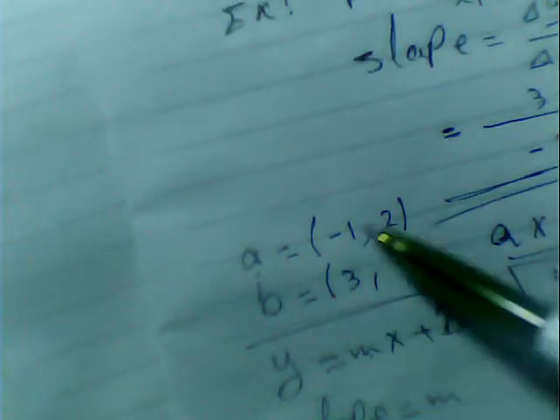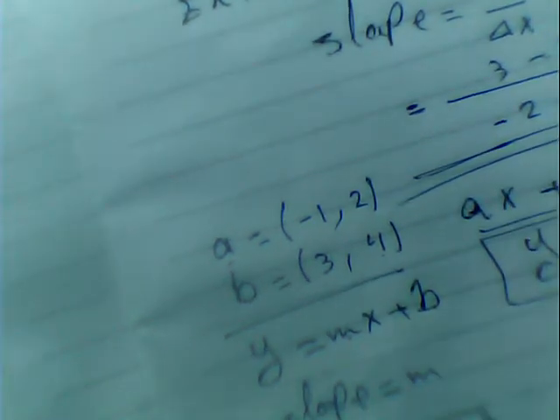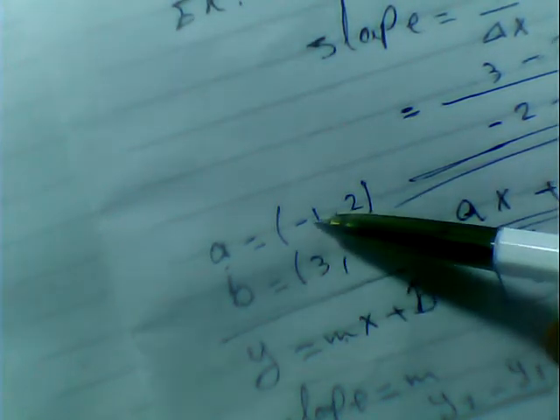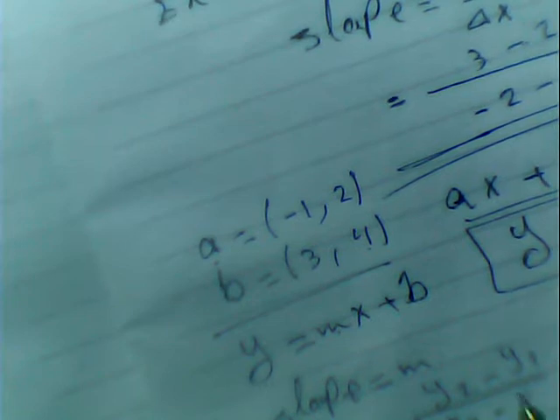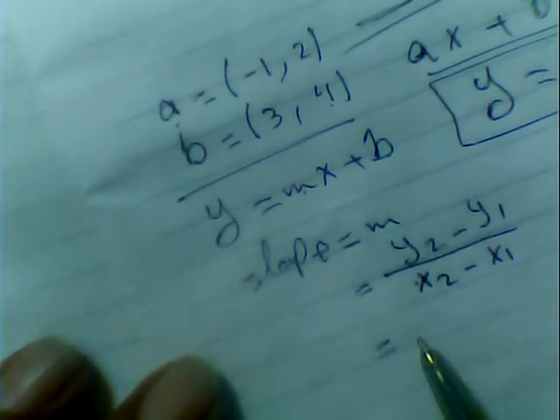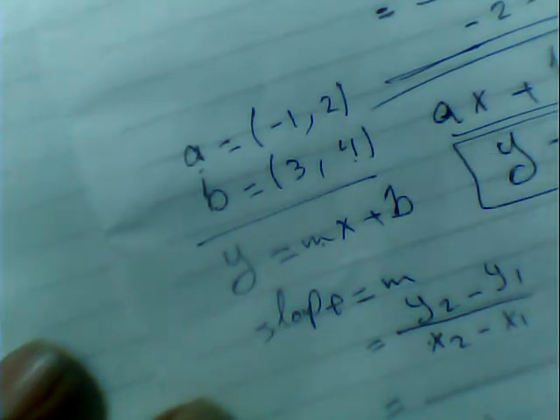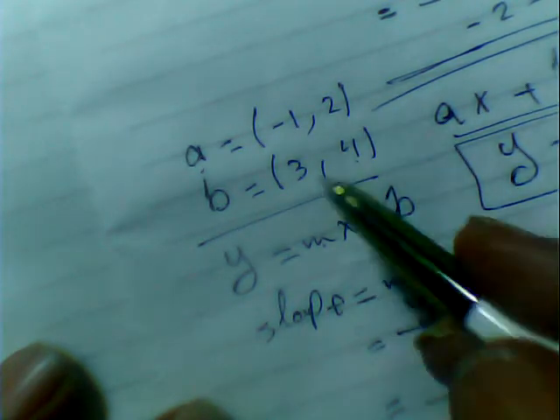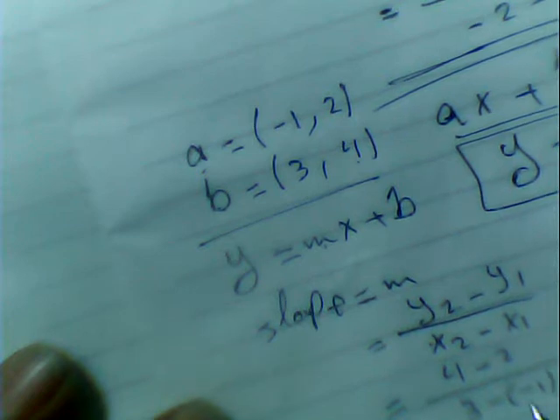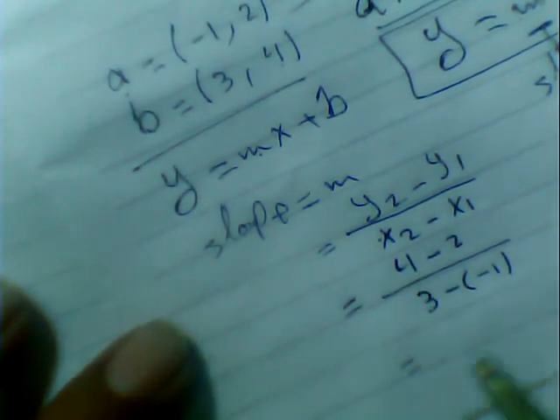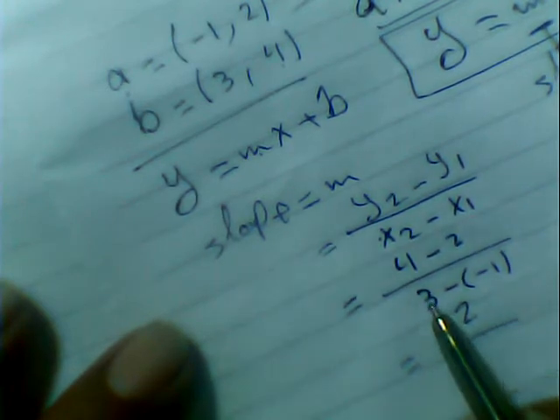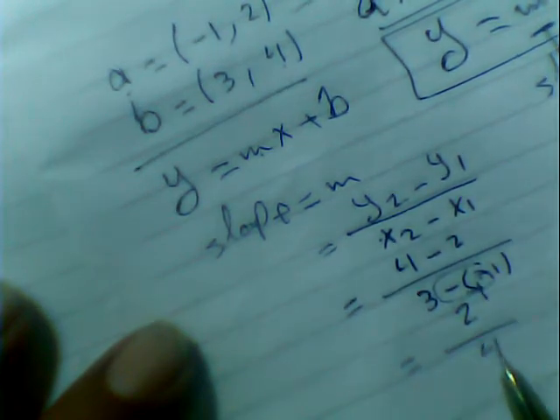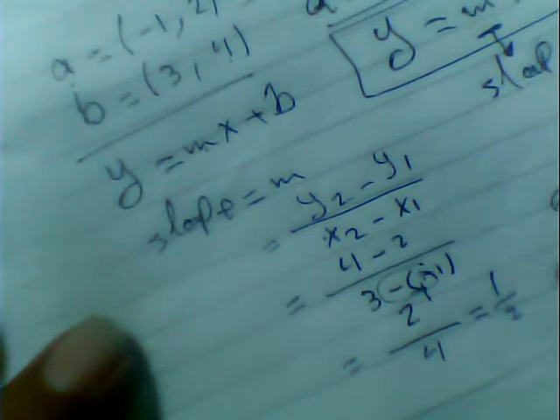What does m equal? The change, y2 minus y1 over x2 minus x1, which is 4 minus 2 over 3 minus minus 1. 3 minus minus 1 is 4, and 4 minus 2 equals 2, so 2 over 4 equals 1 over 2.